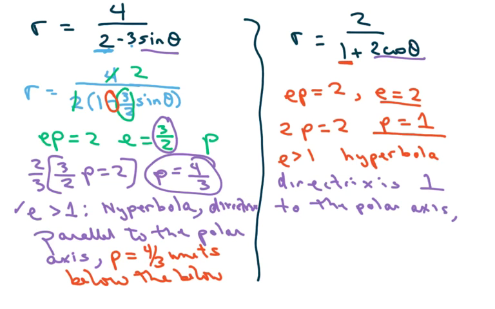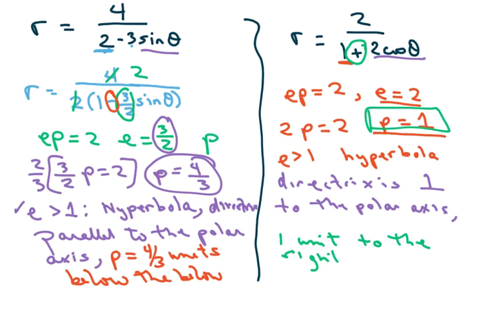And my P is 1, so it's 1 unit to the left or right? To the right, because that's positive. To the right of the pole.